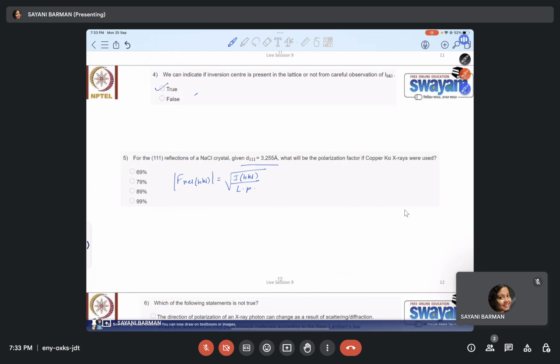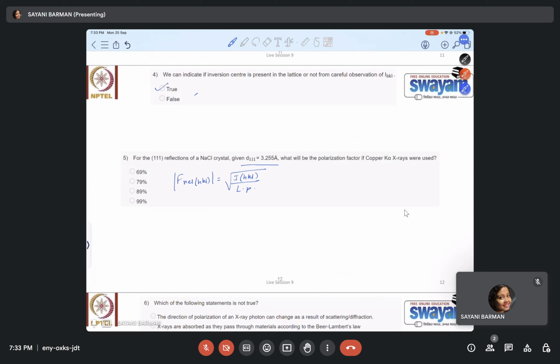And what is the relation between P and theta? You can write P equals half of 1 plus cos square 2 theta.